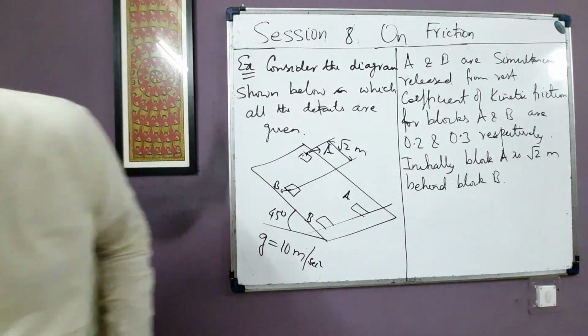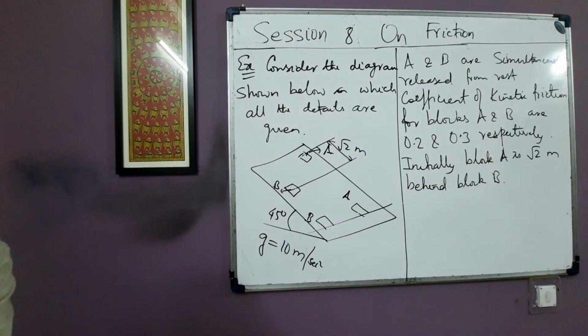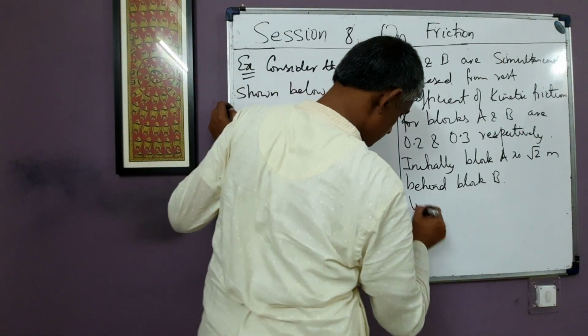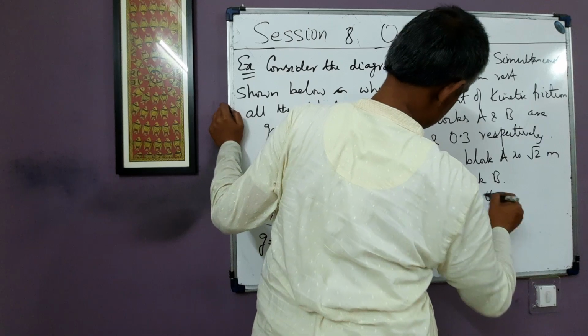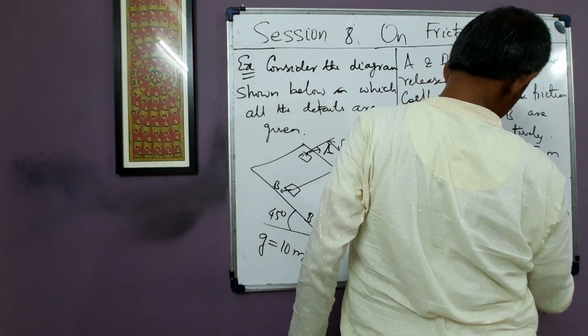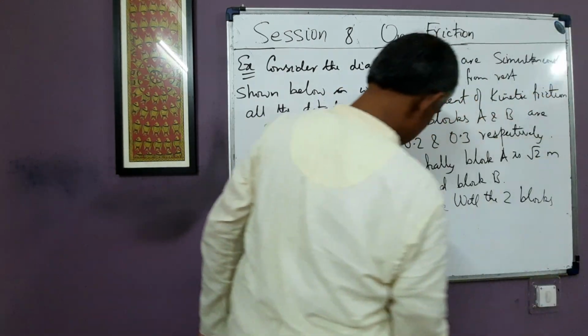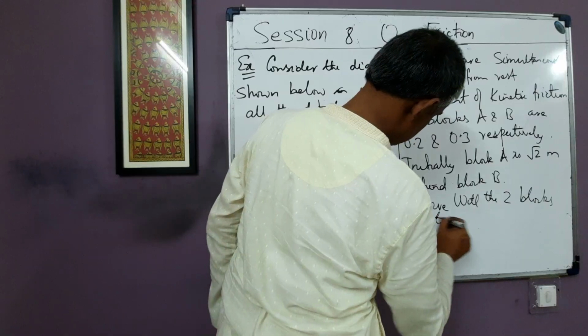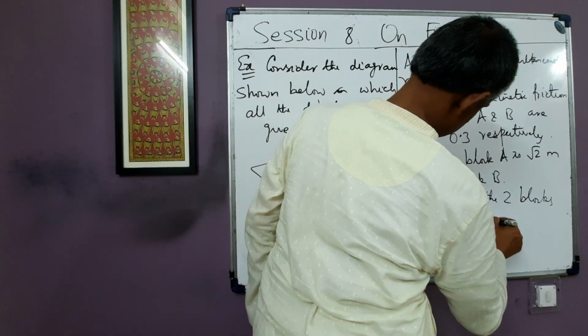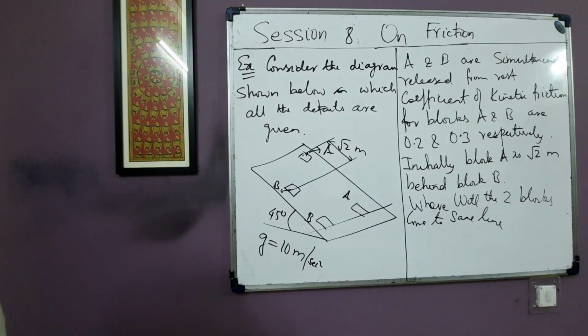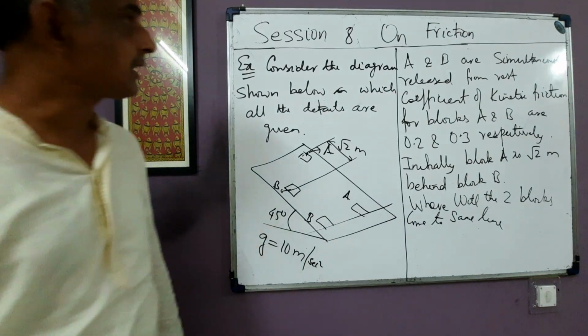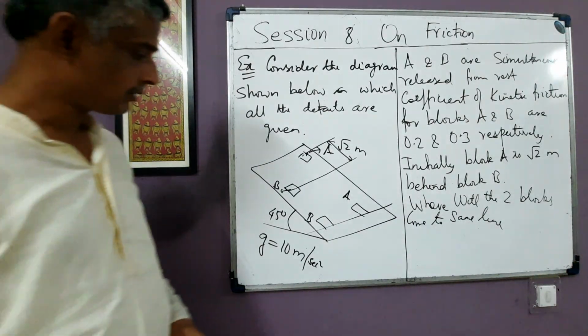So the question is, where will the two blocks come to the same line on the inclined plane, if they are released simultaneously from rest?